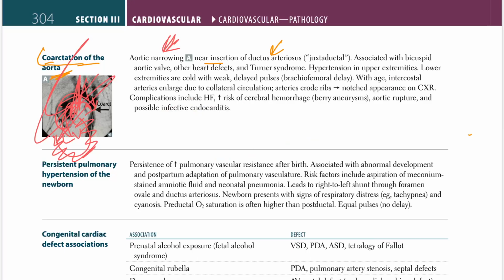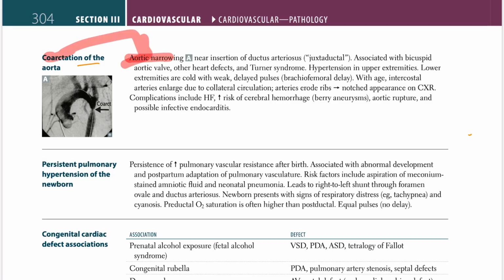So let's just recall this quickly. Coarctation of aorta. It's an aortic narrowing, just near the insertion of ductus arteriosus, known as juxtaductal. Sometimes they will say it's distal to left subclavian artery.